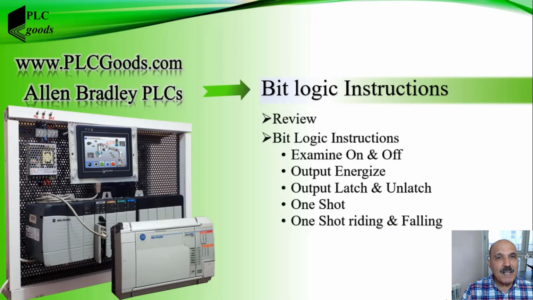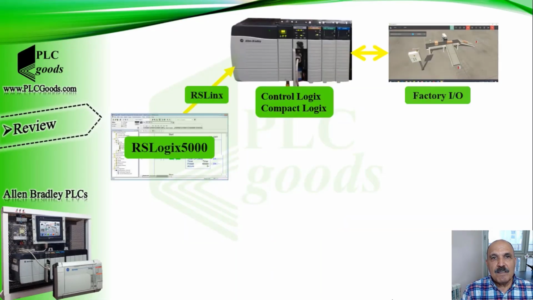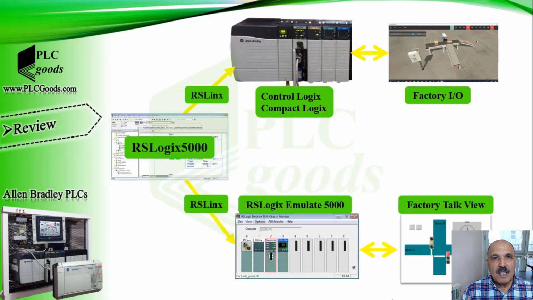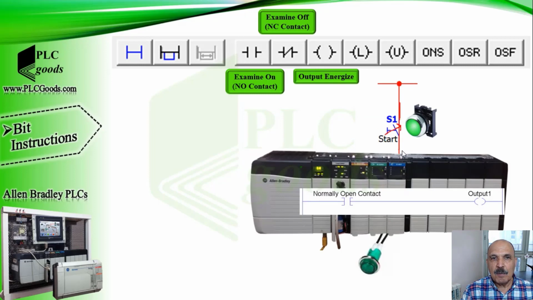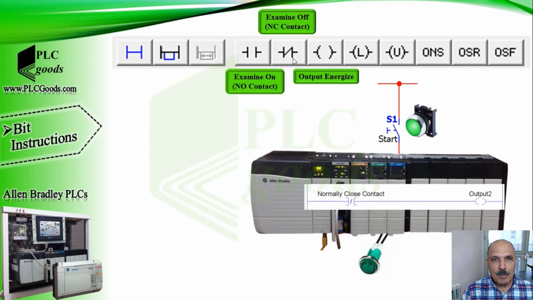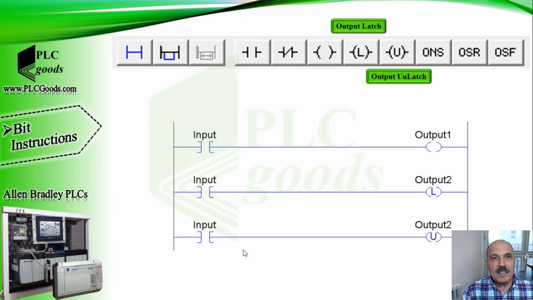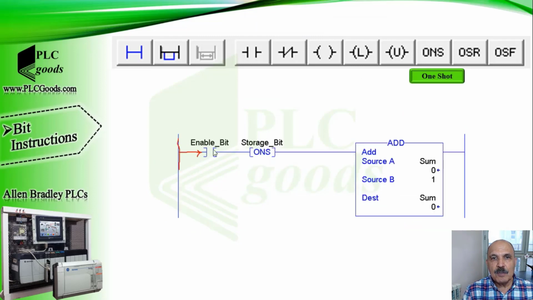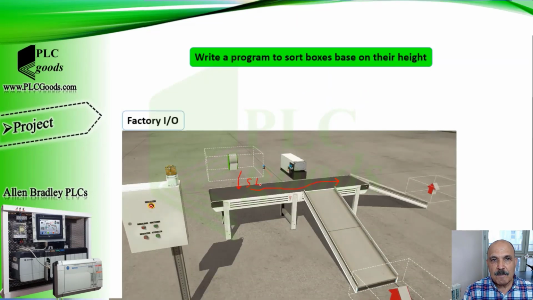In lesson number 18, we examine bit logic instructions with RSLogix 5000 and kick off a project using Factory I/O. We will cover the main points, previous lessons covering RSLogix 500 and RSLogix Emulate 5000 for programming Allen-Bradley controllers, and introduce Factory I/O for industrial process simulation.